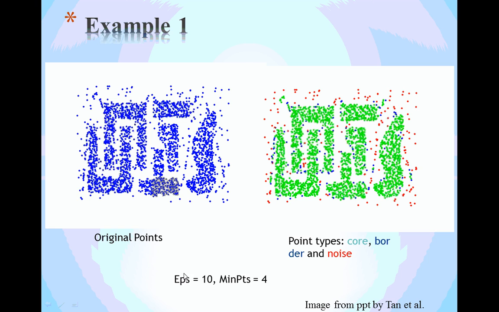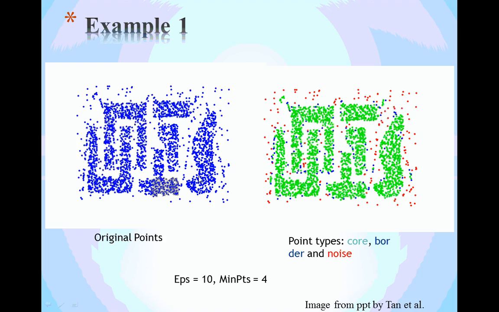If you choose a radius of 10 and minimum points of 4, we can finally get these figures: the green ones are core points, the blue ones are border points, and the red ones are noise points. So by the color we can easily separate the clusters of the original data.